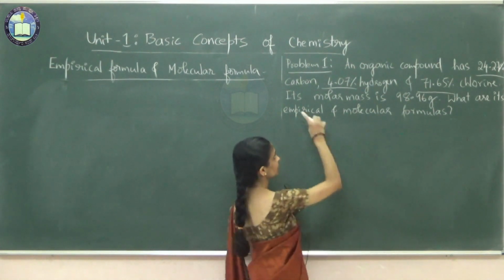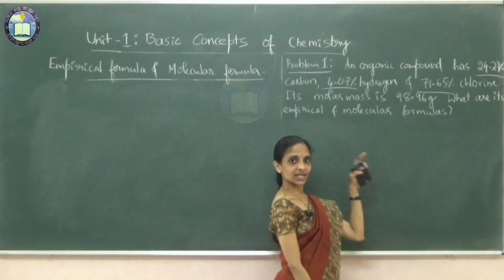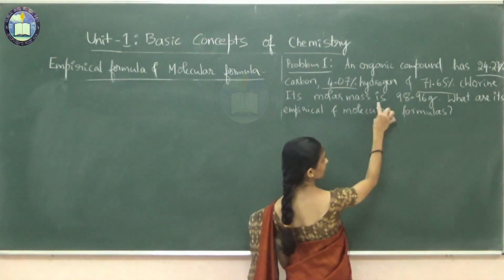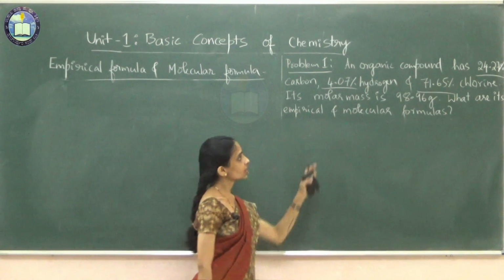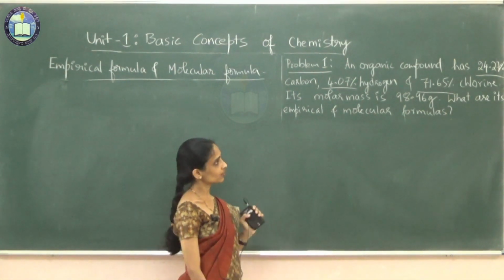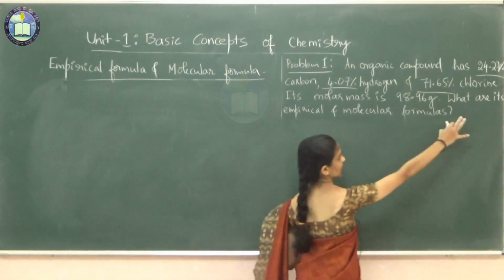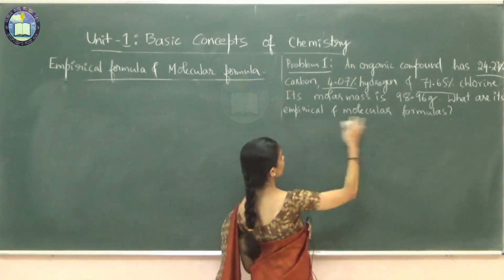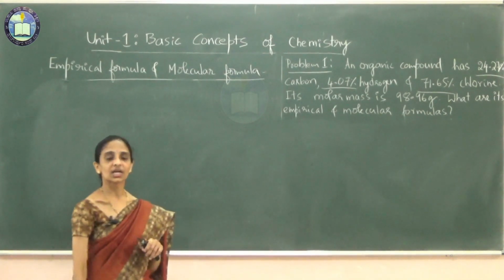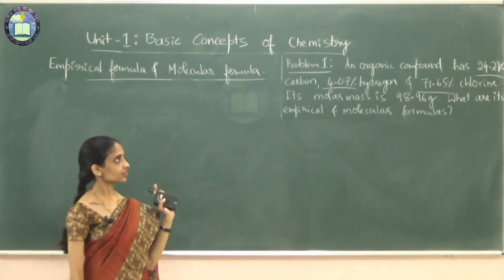Along with that, one more value you need to solve such problems, and that is the molar mass of the compound. It is 98.96 grams in this problem. So you need to find out the empirical and molecular formula for the compound.